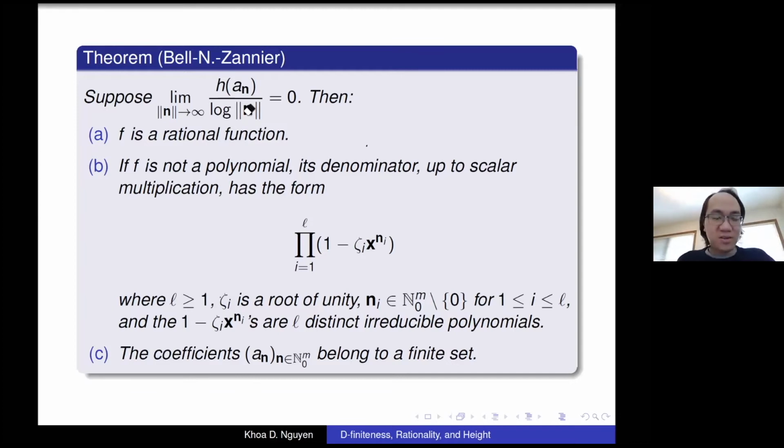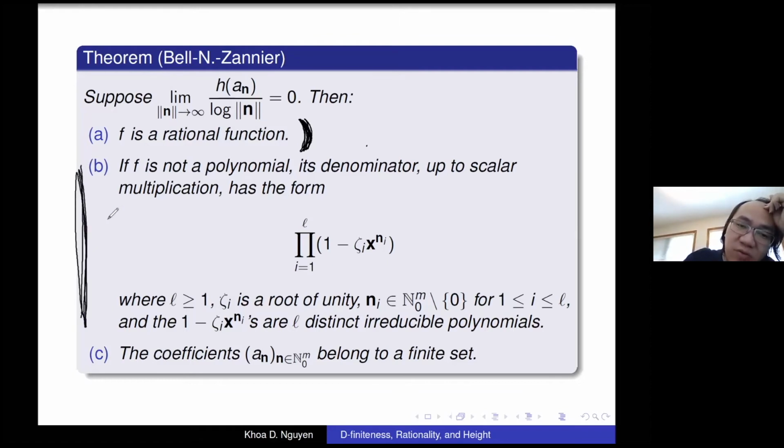All right, so let me just talk very briefly about the proof. It turns out that the proof of this is actually not hard. It's quite simple. You use the basic properties of height. The proof of this is actually a lot more tricky.